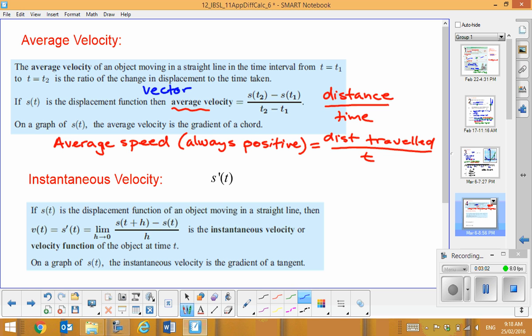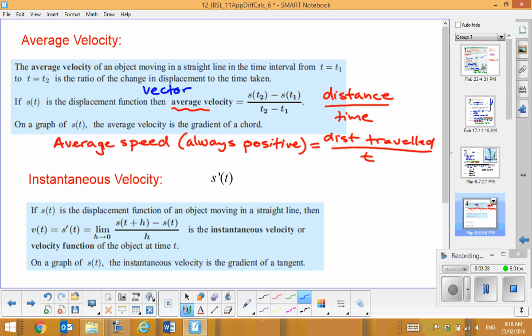How long did it take me? 2 seconds. So I was going 2 meters per second. Or if my displacement was 4 meters to the left, so minus 4 meters in 2 seconds, my velocity is minus 2 meters per second. Your speed is still 2 meters per second on average, but I've moved to the left.